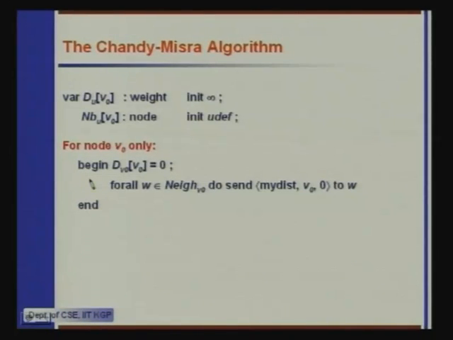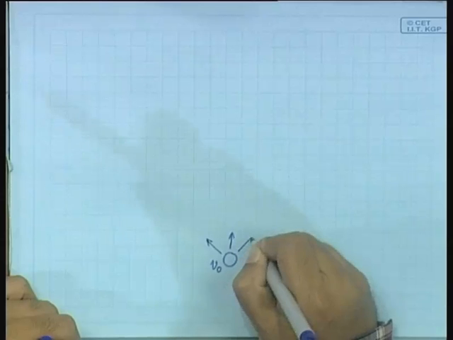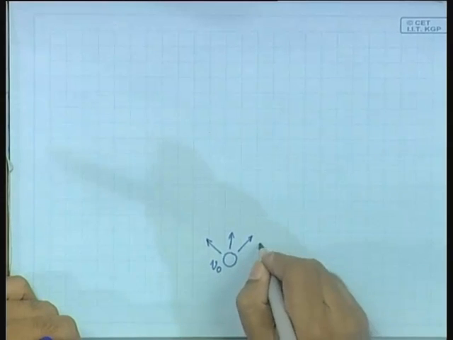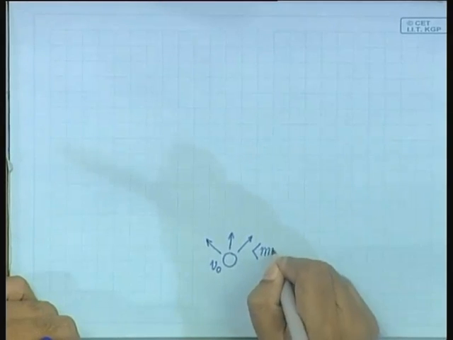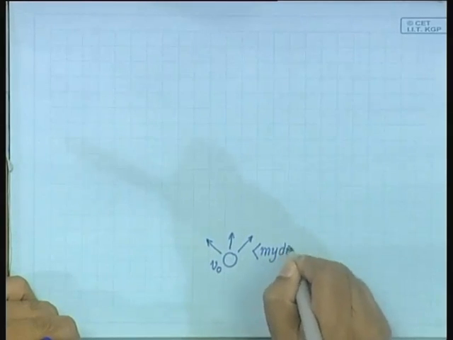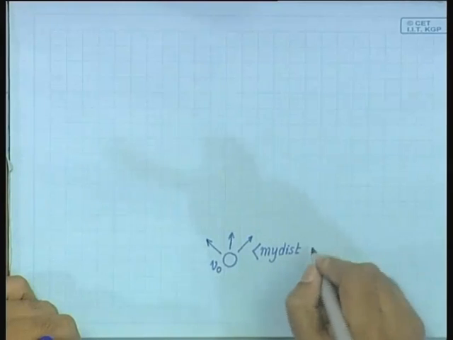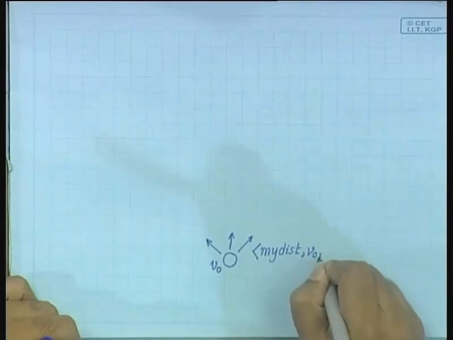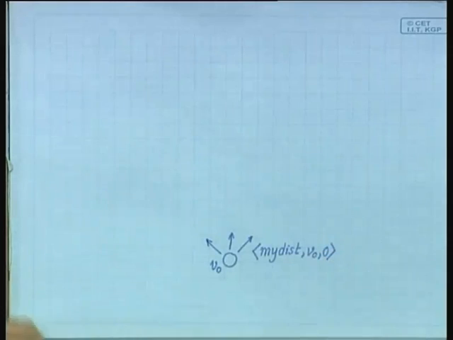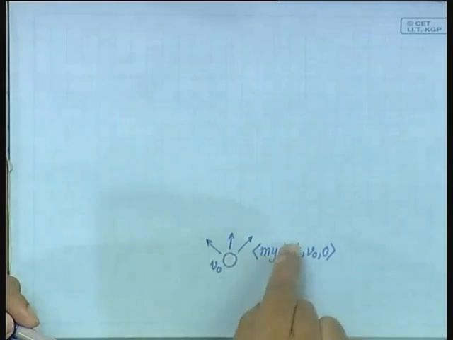This is node v0, okay. So, it broadcasts to everyone. What does it broadcast? It broadcasts the message, my distance to v0 is 0. This is what it broadcasts to all its neighbors.